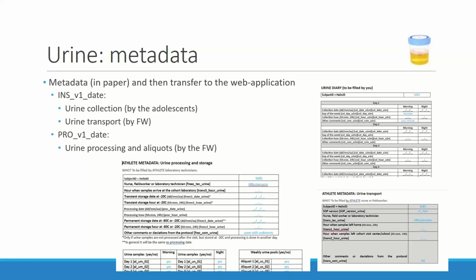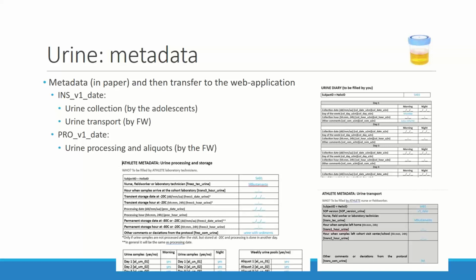Probably faster, yeah. Just one question, Serena: is the web application going to be similar in format to the questionnaires? I mean, the same. If the format is the same, it will be easy to transfer the information from paper to the web application, because it will be like a replica and faster.